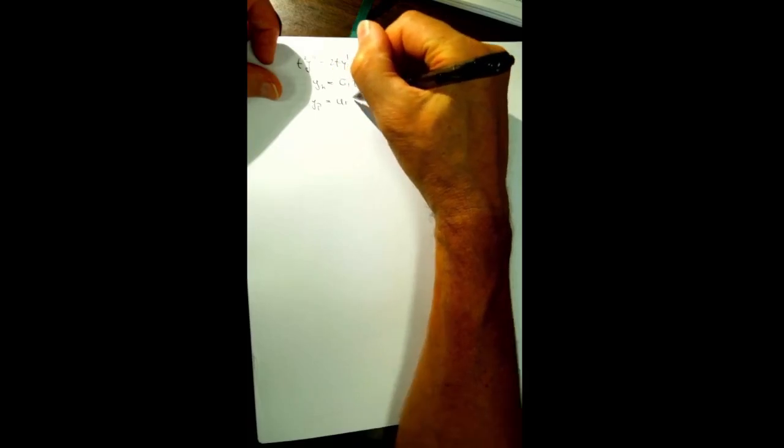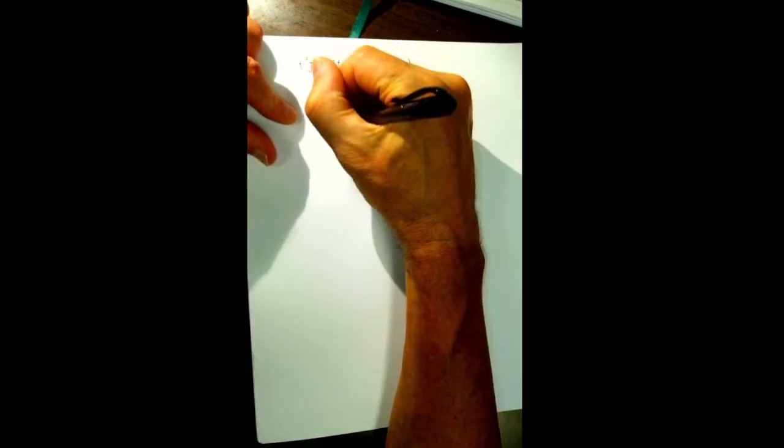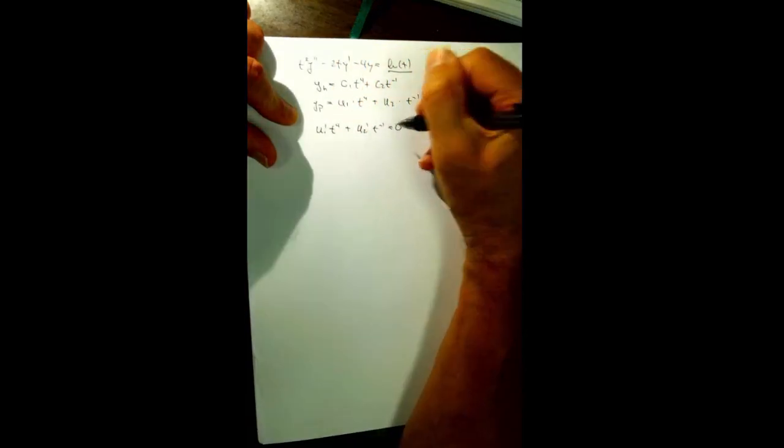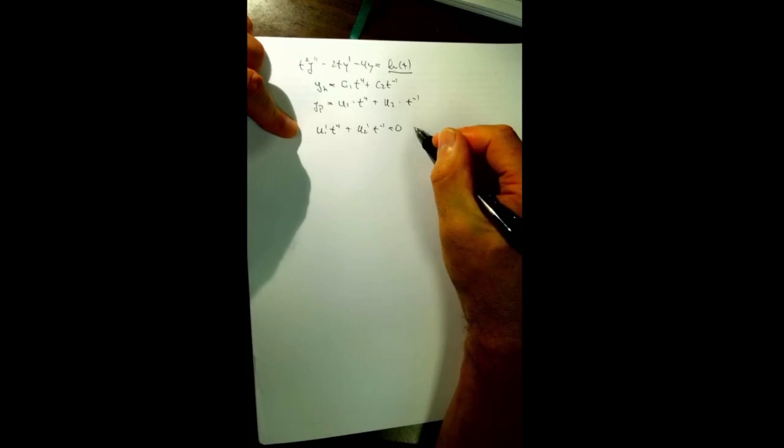Our particular solution we decided was U1 times t to the fourth plus U2 times t to the minus 1. And our two equations, we plugged this into our original equation. We got two equations. First equation is U1 prime t to the fourth plus U2 prime t to the minus 1 is 0, which is something we made up.